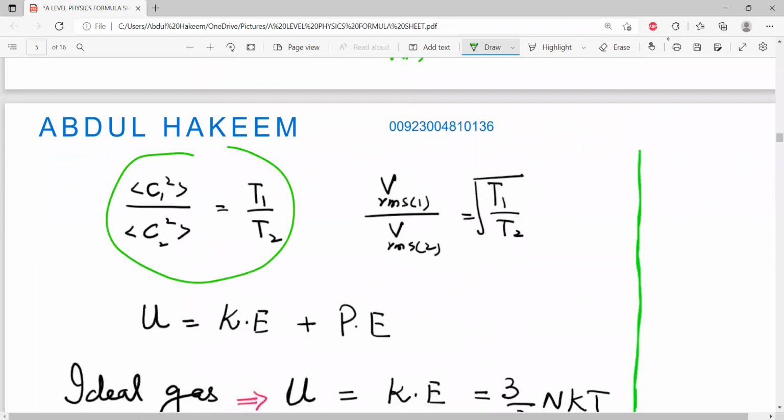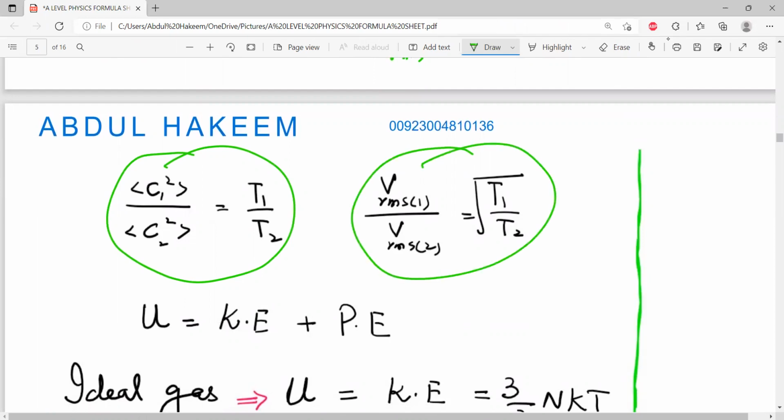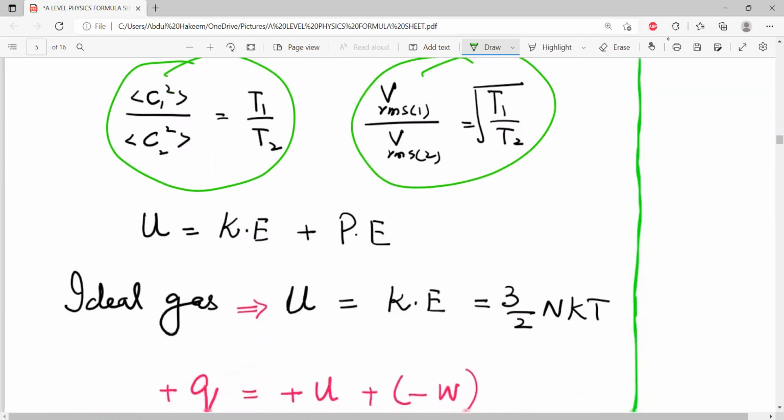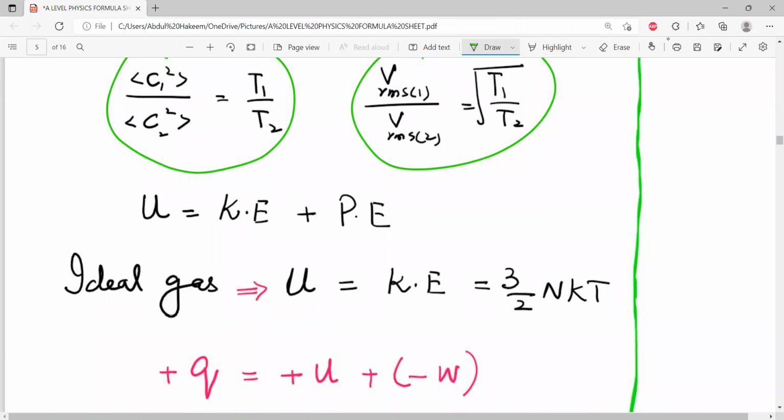So this is the relation between temperature and the mean square speed, and this is the relation between RMS speed and the temperature. The sum of kinetic and potential energy of the molecules due to their random behavior is internal energy. In the ideal gas, internal energy is exactly the kinetic energy, and the total kinetic energy is 3 by 2 NkT.